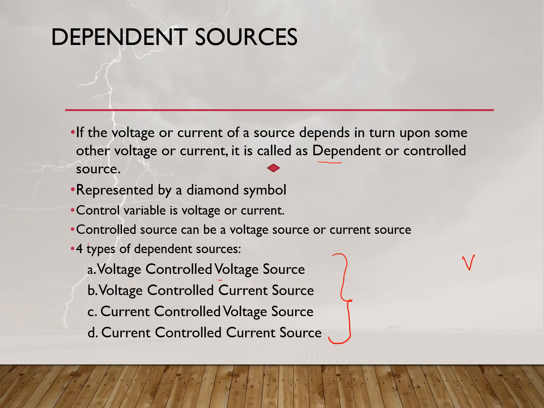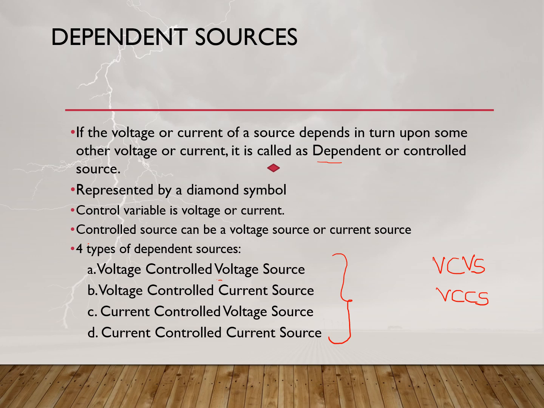You can have a voltage source which depends upon another voltage. So it is a voltage controlled voltage source, like this first case. Or you can have a current source which depends upon a voltage. So it is called a voltage controlled current source.